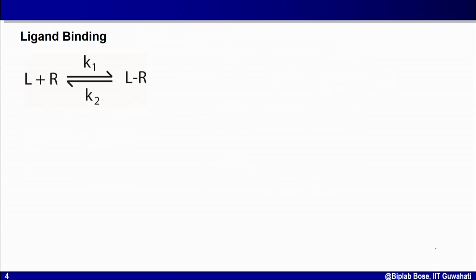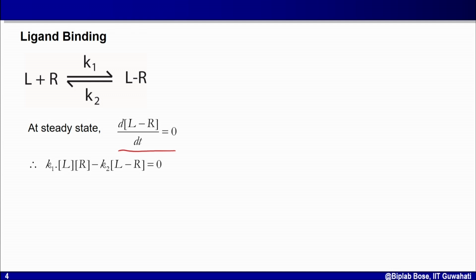Now let us look into a particular issue which is typical of ligand receptor binding. Let us look into the steady state of the system. At steady state, if you remember, the rate of the process should become 0. So I can write d[LR]/dt is equal to 0.